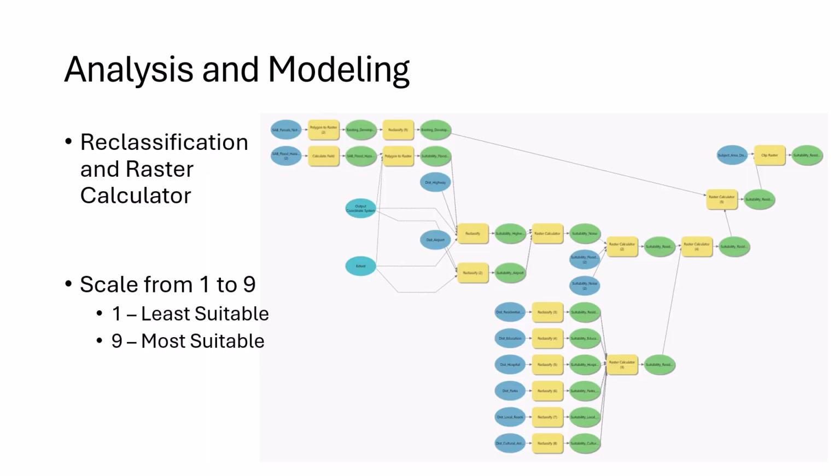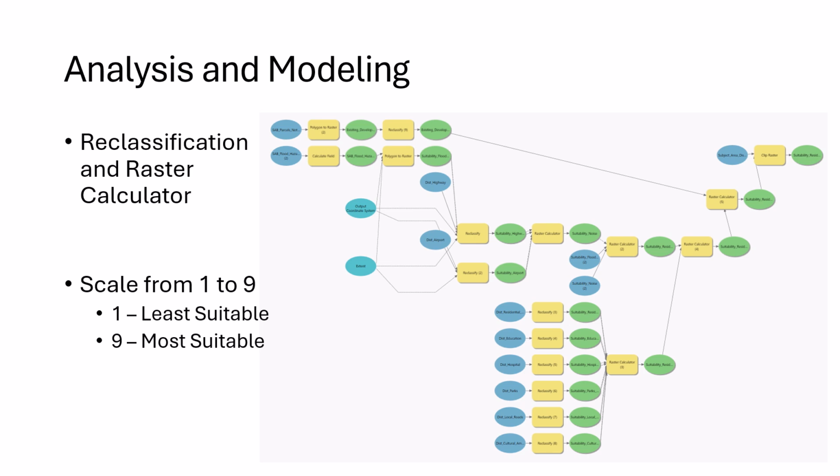So this slide shows the actual reclassification and raster calculation tools that I used, and kind of the final step of the process to produce the end result raster images. For those, the raster calculations from the previous slide were reclassified on a scale from 1 to 9.